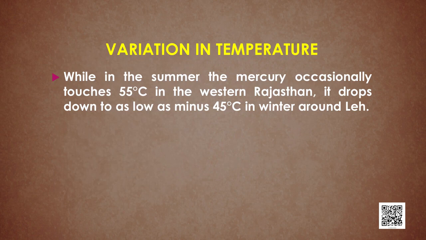In summer, the mercury occasionally touches 55 degrees Celsius in western Rajasthan, whereas it drops down to as low as minus 45 degrees Celsius in the winter season in the Leh region.